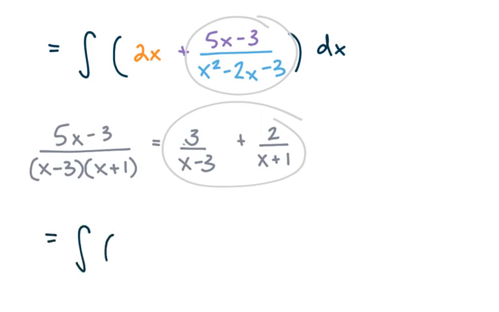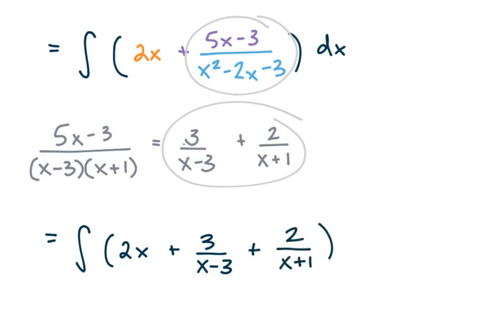So I have the integral of 2x plus 3 over x minus 3 plus 2 over x plus 1. So at this point, I've done my long division, and then I did the partial fraction decomposition for what was left, and that allows me to have this integrand that's very easy to integrate.